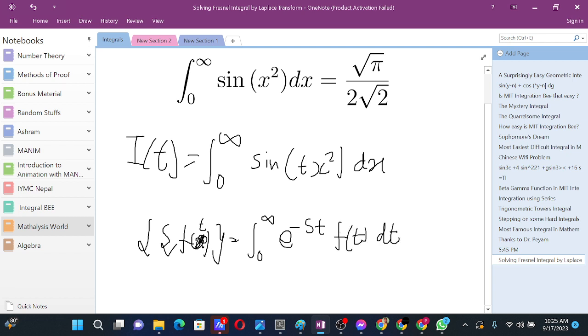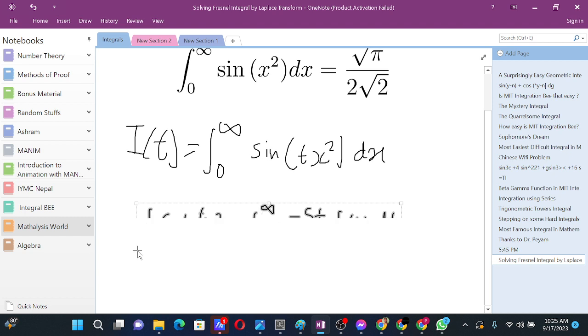This is mainly used in solving differential equations because it brings all those second derivatives, first derivatives, and functions into simple non-differentiated functions. Then we can use some algebra, solve it, and take the inverse Laplace transform to get the solution. So that is how it helps in solving differential equations. But here we are going to use it to solve this integral.